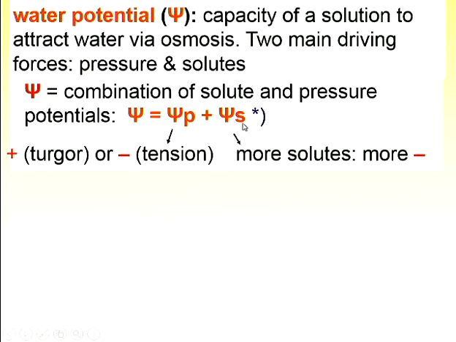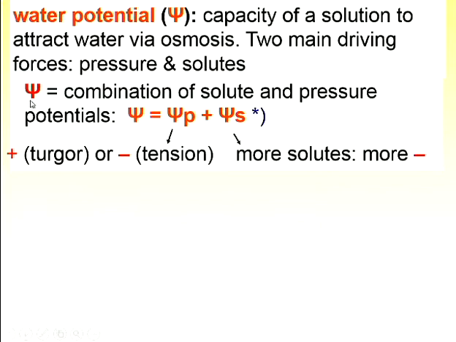If there are no solutes, if it's pure water, then psi s is 0. But as soon as you have some solutes, psi s becomes negative. So that's the one component. And then the other component, pressure. If you have an open system, open to the air, then psi p is 0. But if you have in a plant a positive pressure, like inside a cell, psi p is going to be positive, and in the xylem, psi p is negative.